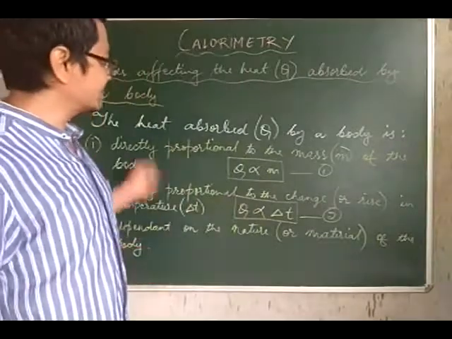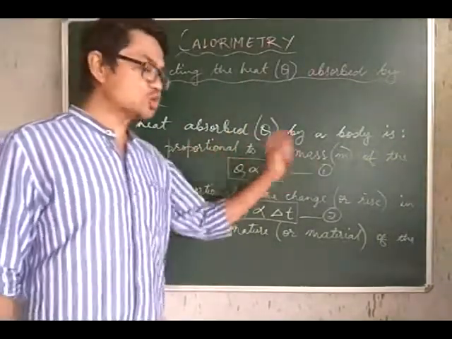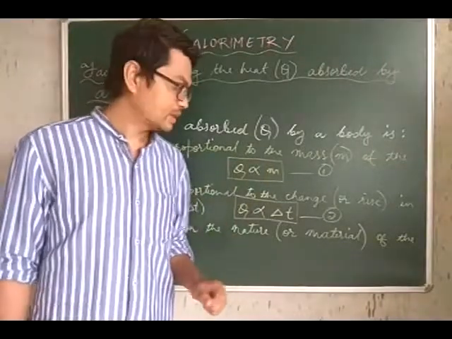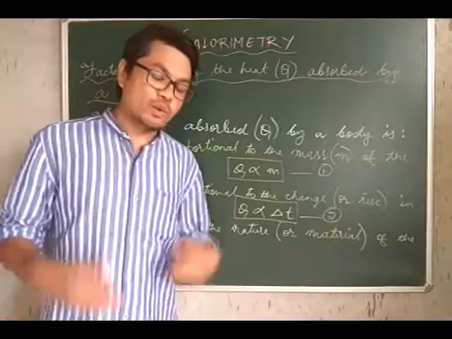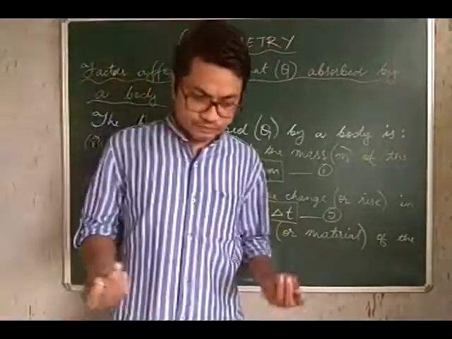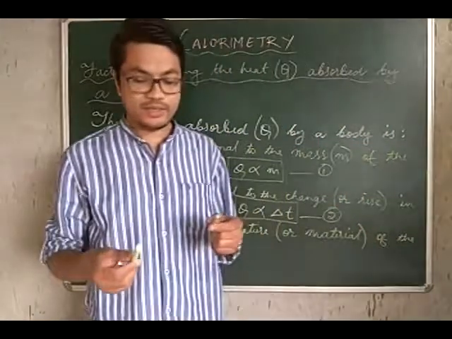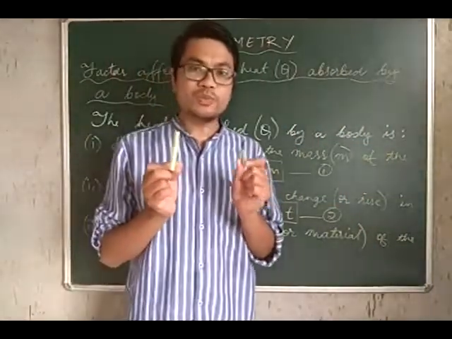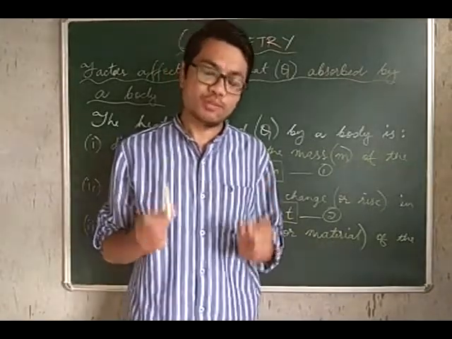Now what we see is the heat absorbed Q by a body is directly proportional to the mass of the body. Mathematically writing, we get Q is proportional to M. What this means is, let us discuss an example where we have, say, these two pieces made up of copper.